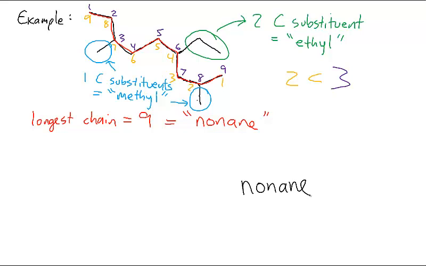I have an ethyl group and 2 methyl groups. I'm going to put the 2 methyl groups together and call it dimethyl. And they're on carbons 2 and 7. So I would say 2,7-dimethyl nonane. Then I need to say that there's an ethyl group on carbon 4.